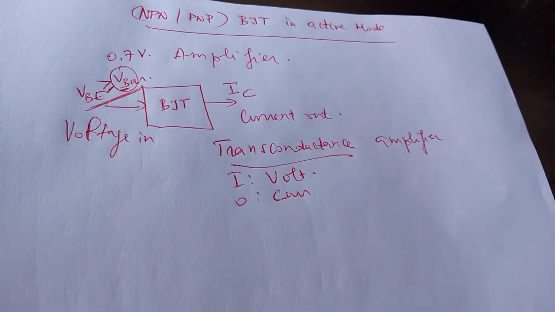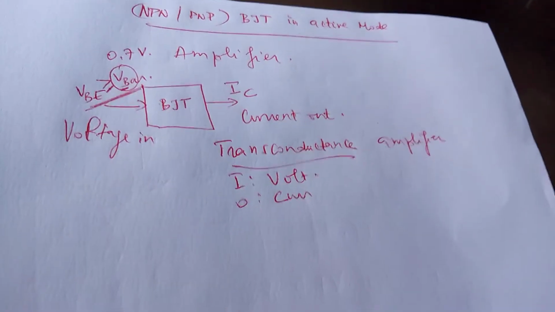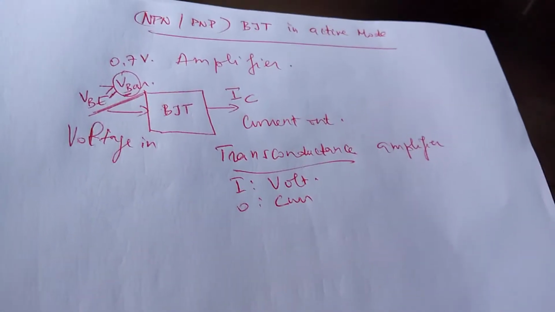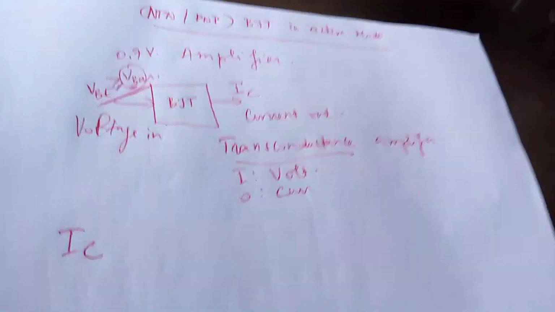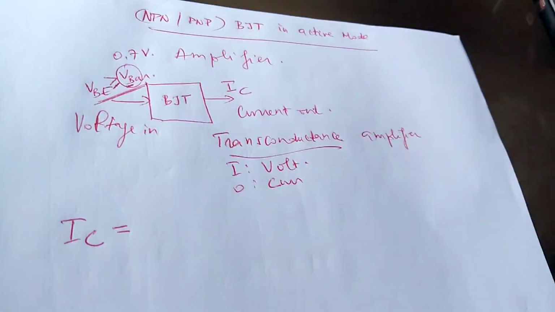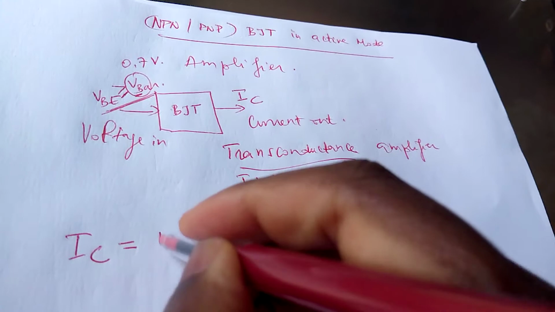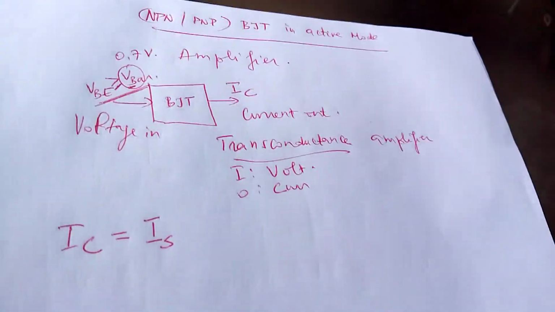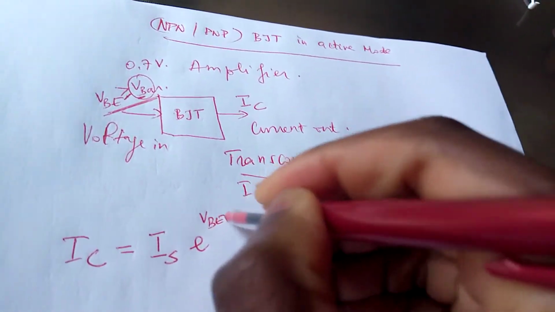There is a lot of physics that defines how the output current of a transistor operated in active mode is related to the VBE. But in short, it lands on an equation that says that the collector current you get out of a transistor used in active mode when applying a certain VBE, which forward biases it, is related to that base voltage by the following equation: IS multiplied by e to the VBE over VT.